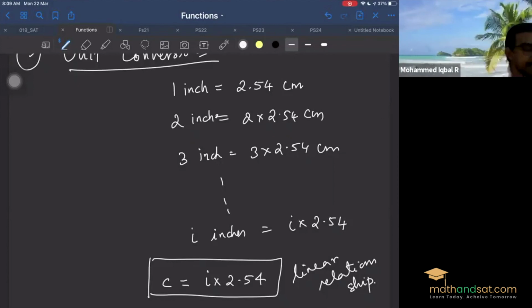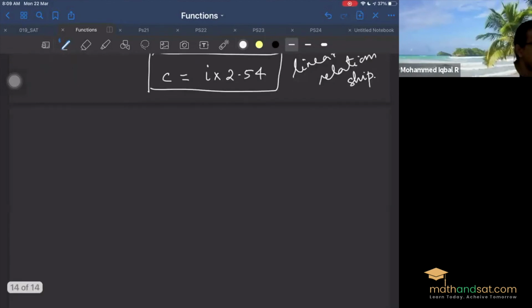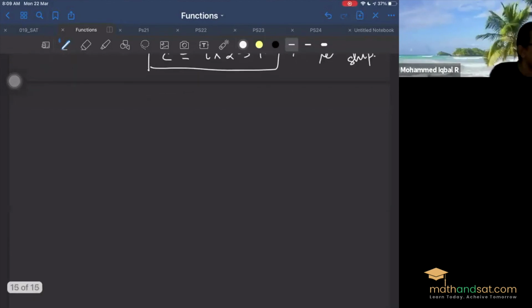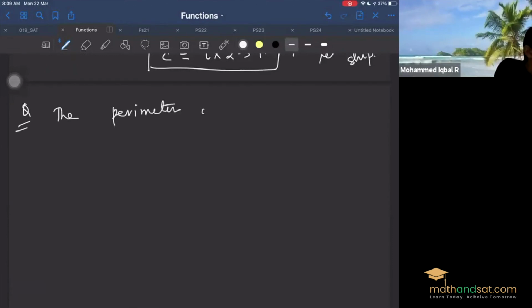Okay, so let us see one question. The perimeter of a stadium is 1080 feet.